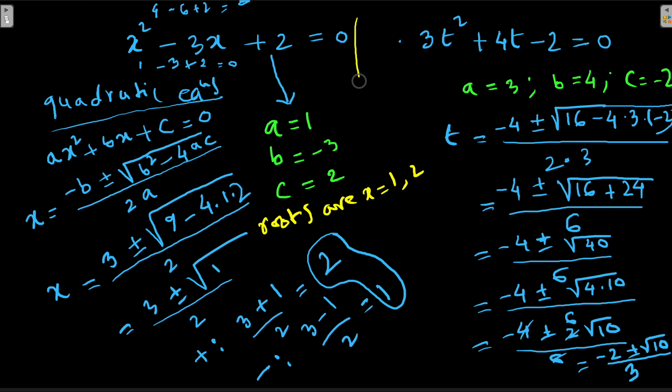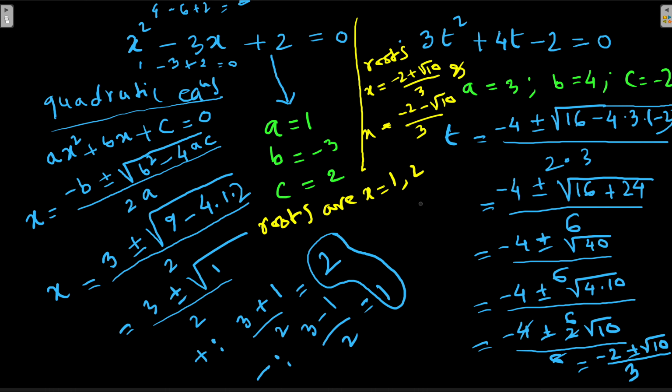In the second case, roots are x equal to minus 2 plus root 10 by 3 and x equal to again minus 2 minus root 10 by 3.